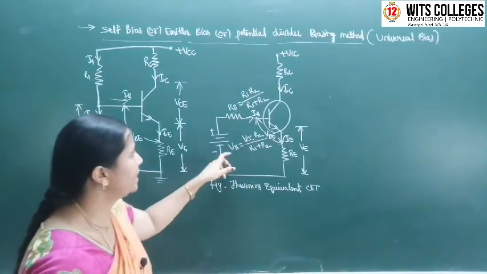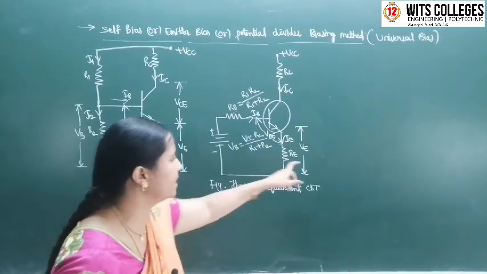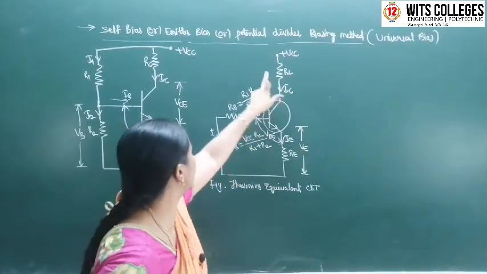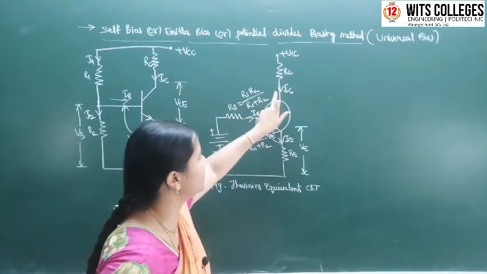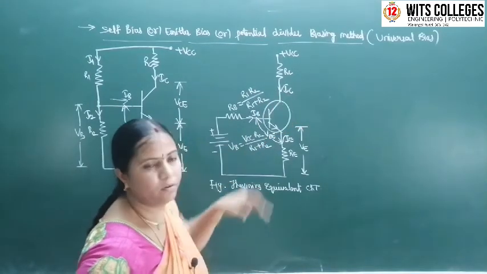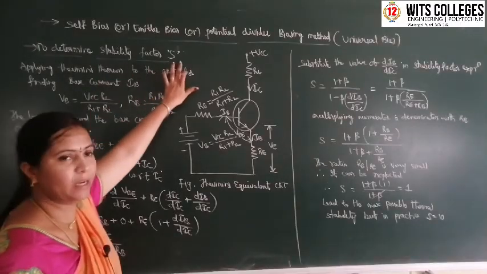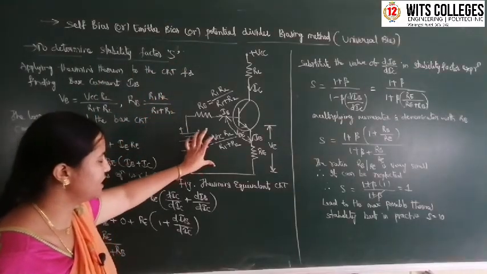And here this is the emitter resistor. Across the emitter resistor you get the emitter voltage, and this is the collector resistor. In the collector resistor the collector current is equal to IC. Now this is the Thevenin's equivalent circuit. To determine the stability factor S, we have to take the Thevenin's equivalent circuit.